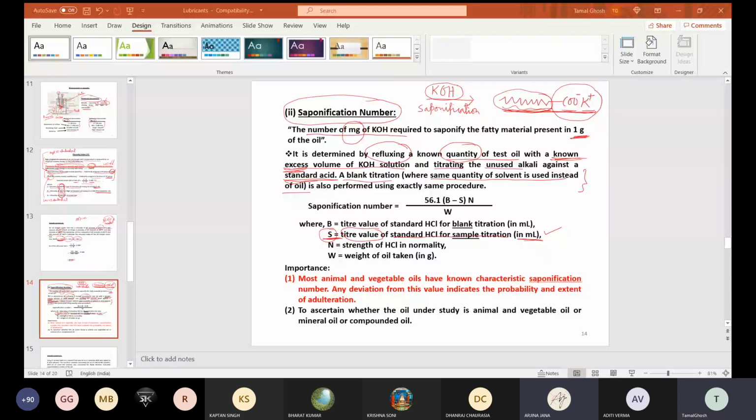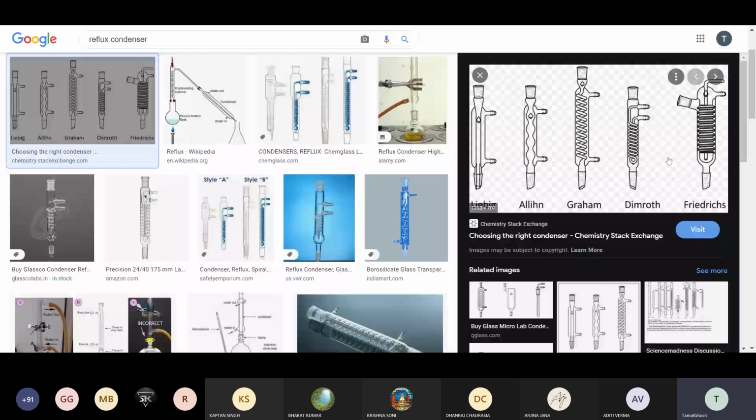So these are the condensers. You can see this one, let me use the pen. So this is our right hand side. You can see different types of condenser.